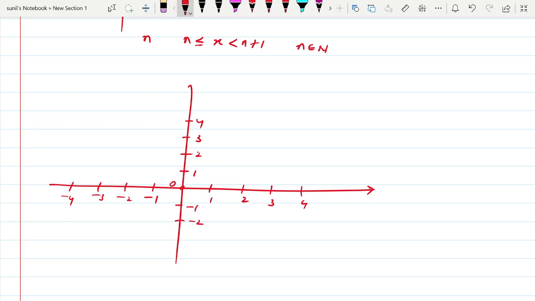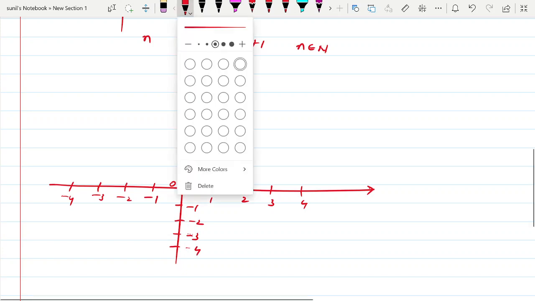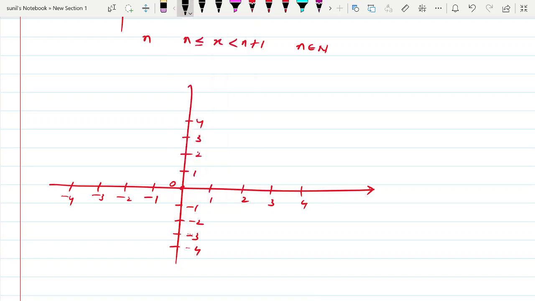Between 0 and 1, it takes the value 0, except 1. Between 1 and 2, it takes the value 1, except 2. Between 2 and 3, 2, like this. So it is a step function like this. Now between 0 and minus 1, it will take the value minus 1 except 0, then minus 2 except minus 1. So it is something like this.